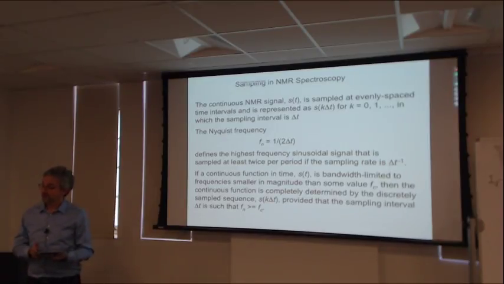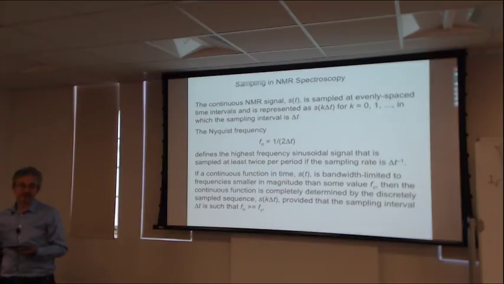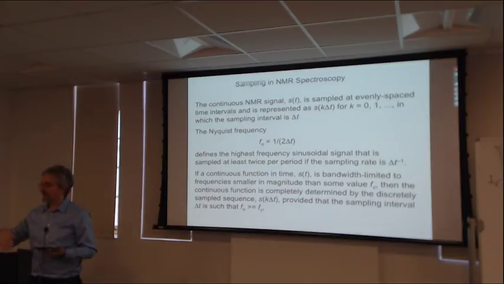If you have a spectrum that's spread out over a very wide frequency range, to properly sample it, delta t has to be small. Whereas if you have a spectrum that's spread out over a very small frequency range, then delta t can be large. For acquisition, this isn't so important because you're going to be waiting a while during the recycle delay.